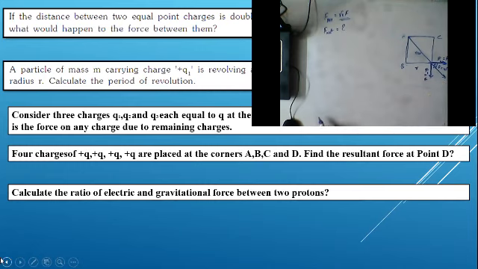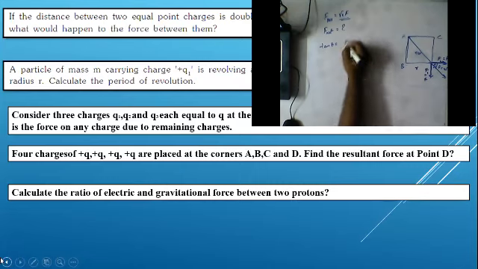So what is the angle made by the resultant? That also we can find, or not? So we can write here tan theta is equal to f1 sin theta by f2 plus f1 cos theta.